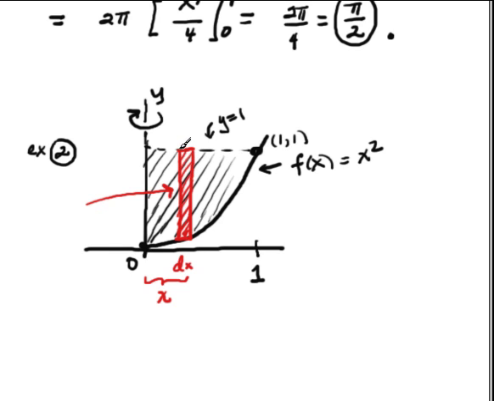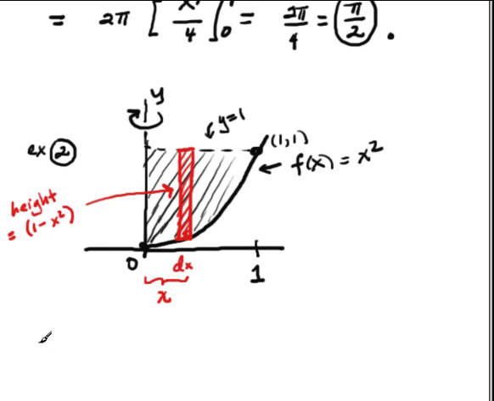Well, this rectangle hits y equals 1 on top, and it hits x squared on the bottom. So just subtract the top minus the bottom, and the height of the rectangle is 1 on top minus x squared on the bottom.